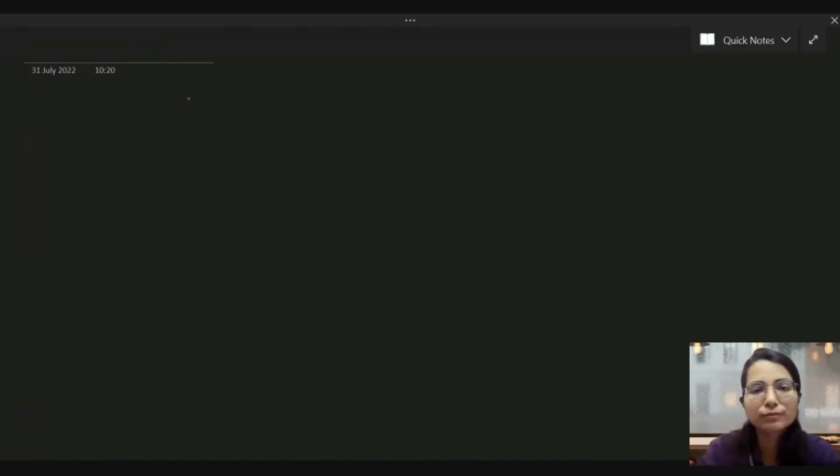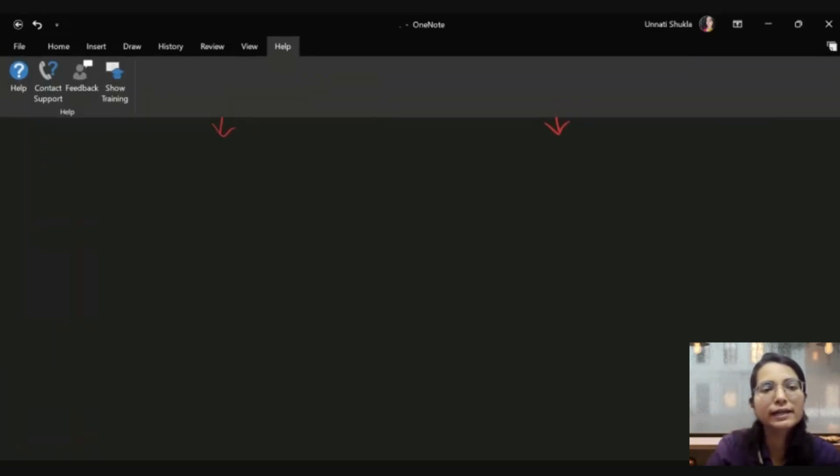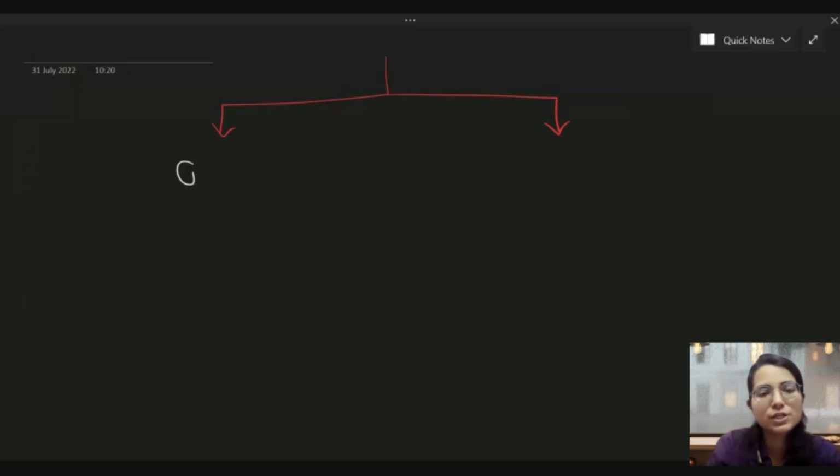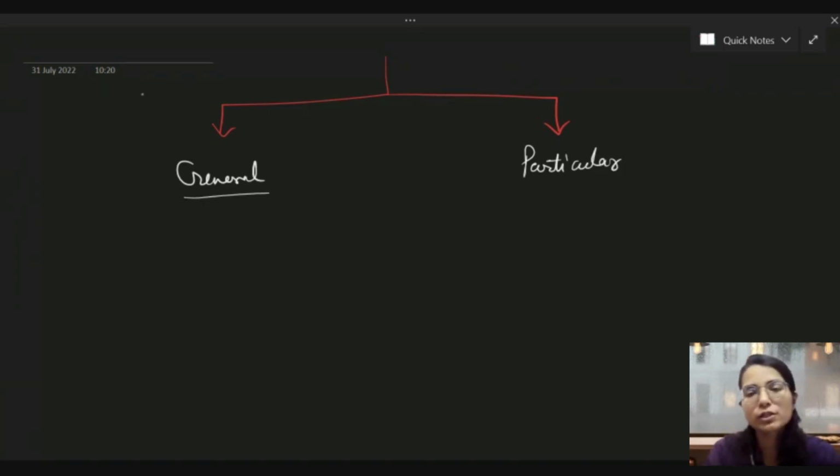And also, before that, let me give you a little idea of general solution and particular solution. What is a general solution for a differential equation and what is a particular solution of a differential equation?